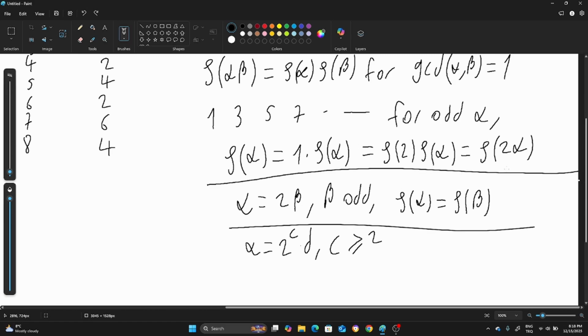Now, this is where I have developed this conjecture, and from here things get tricky.